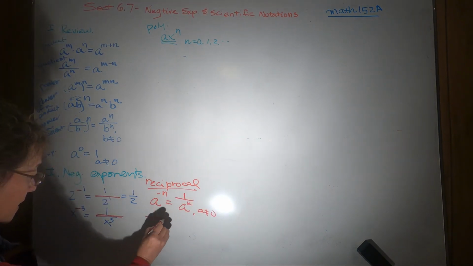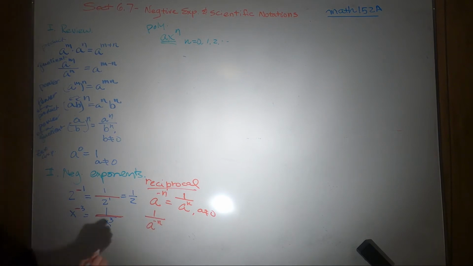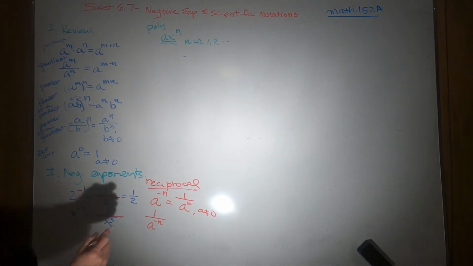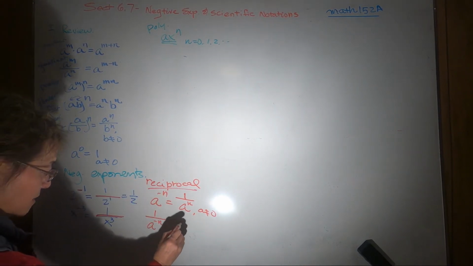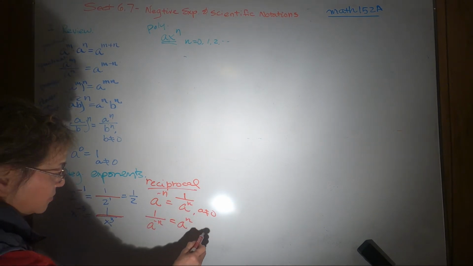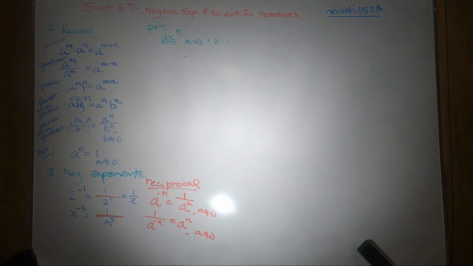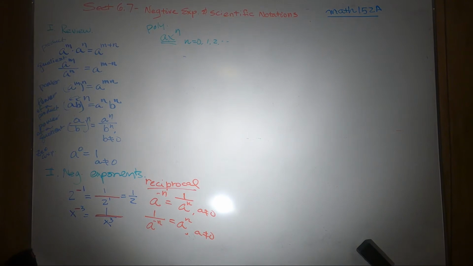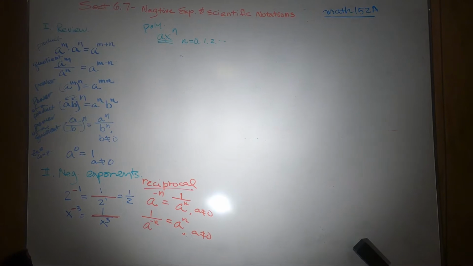If we say 1 over a to the negative nth power, it means what? Reciprocal to this, it becomes what? Regular, right? A to the power. That's what the negative exponent means.